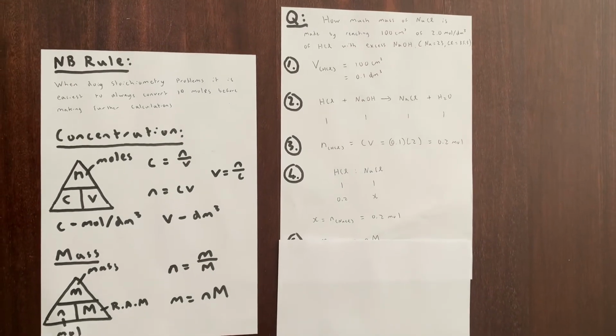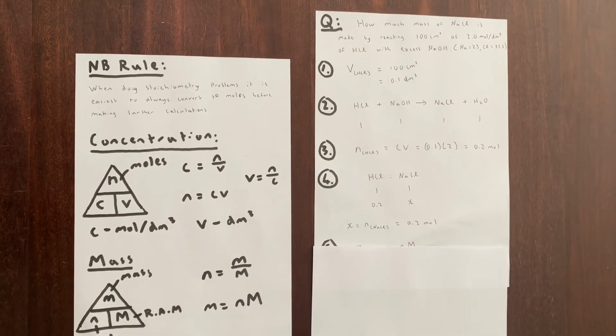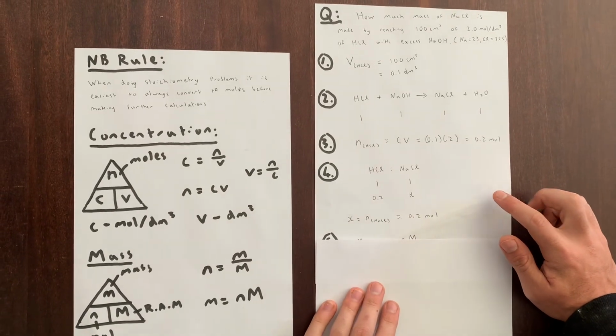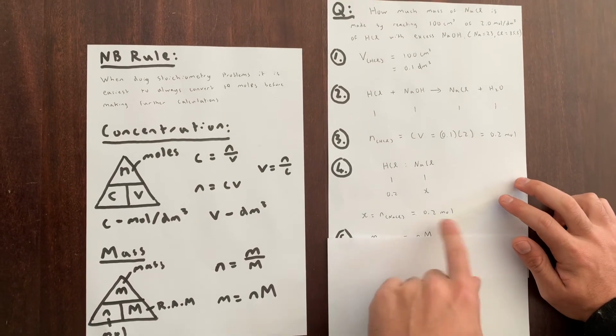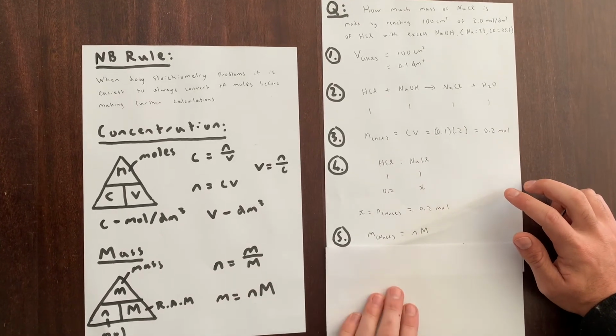But we're not quite done yet, because the question asks us how much mass of NaCl is made by reacting with 100 centimeters cubed of HCl. Because we only have the moles, we need to use this equation here: mass is equal to moles times relative atomic mass.